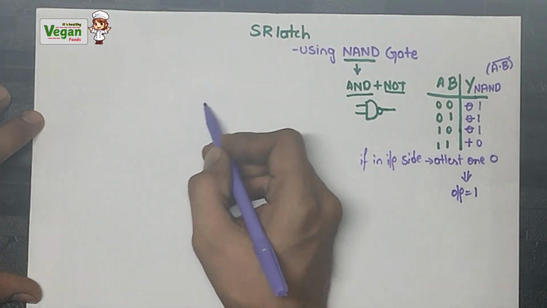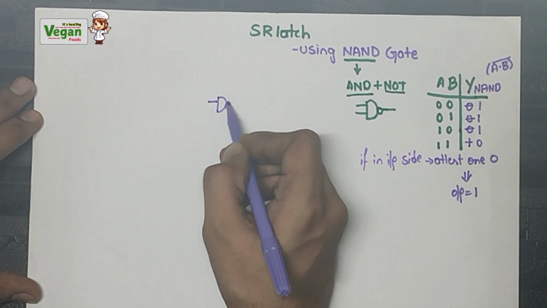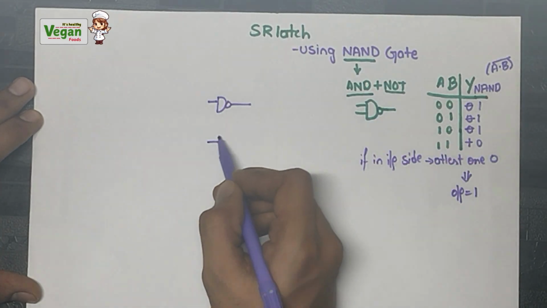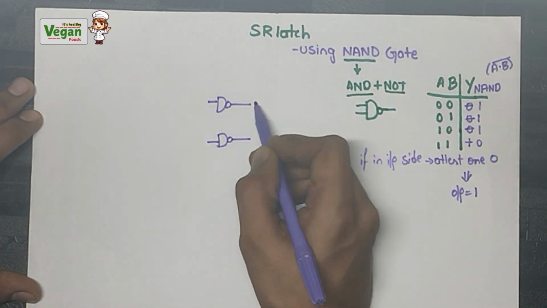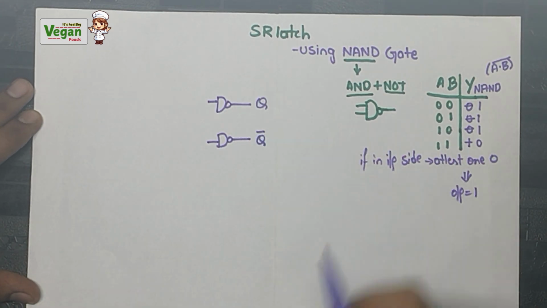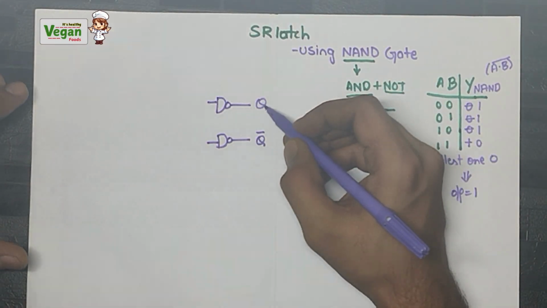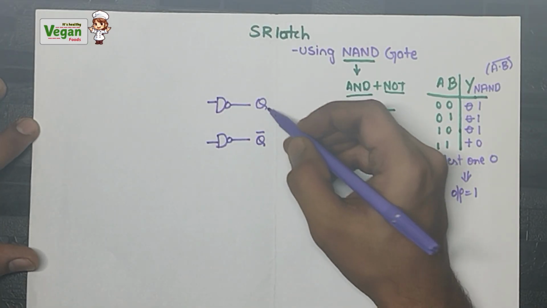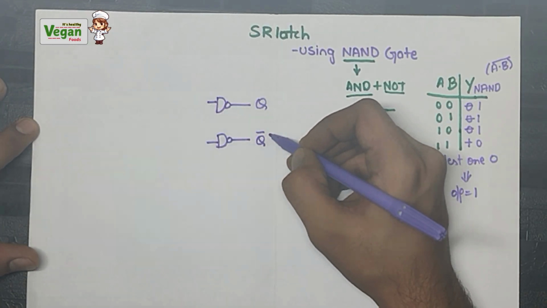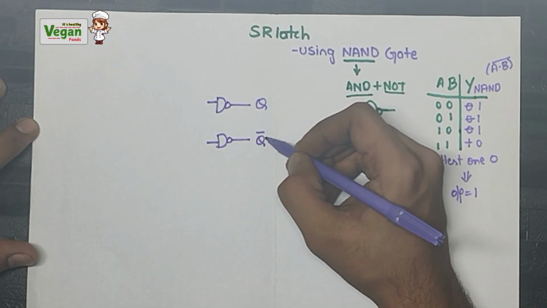We are using the NAND gate, whose representation I showed. The outputs will be Q and Q bar, because all latches have two outputs, and both are complements of each other. If the Q value is 0, the Q bar value will be 1. If the Q value is 1, the Q bar value will be 0.